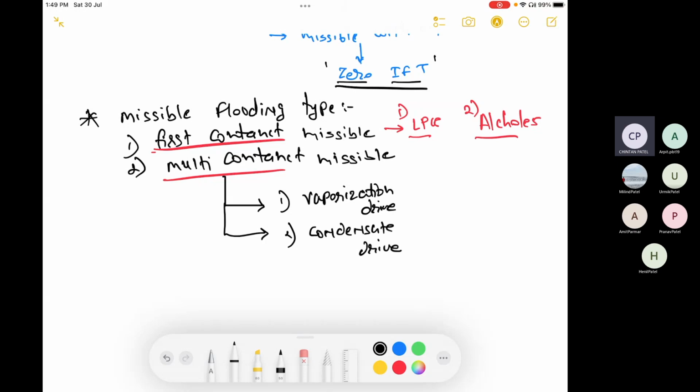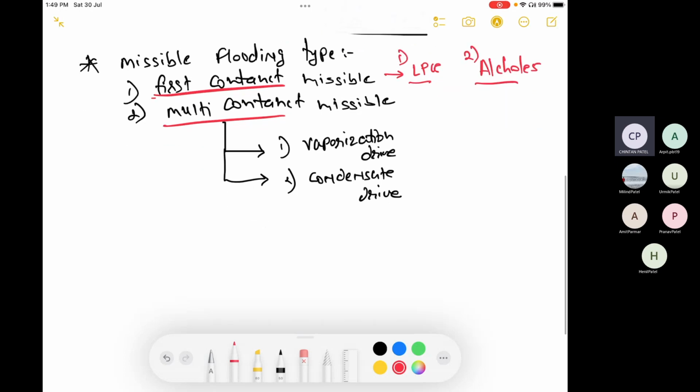Again, from the name itself, we can at least remember these things. In vaporization drive, we have methane, and for condensate drive, we have an intermediate component.